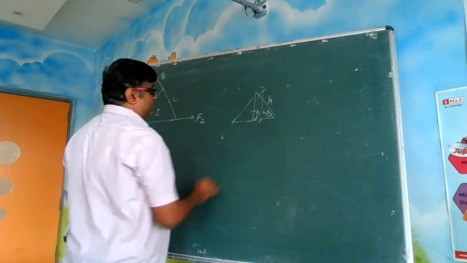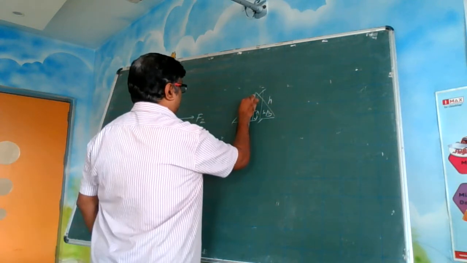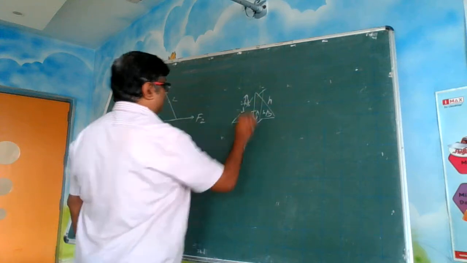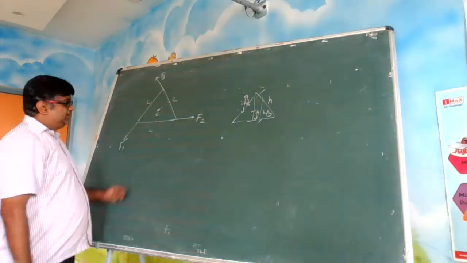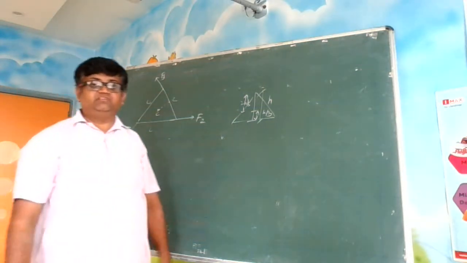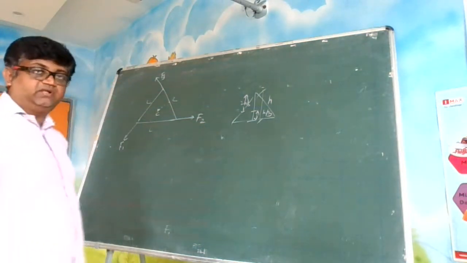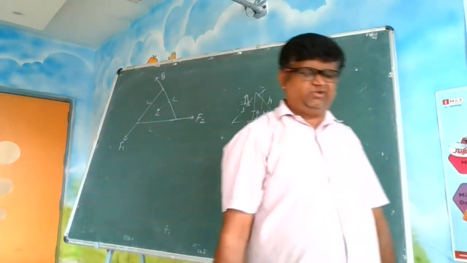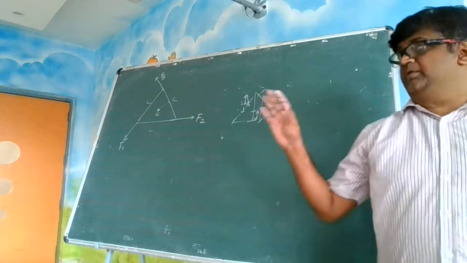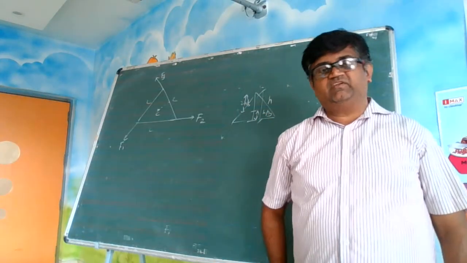If you are coming from the vertex, you have to take 2h by 3. Now this point C is the geometric center of this equilateral triangle. For an equilateral triangle, the median and the point of intersection of the angular bisectors are all the same.